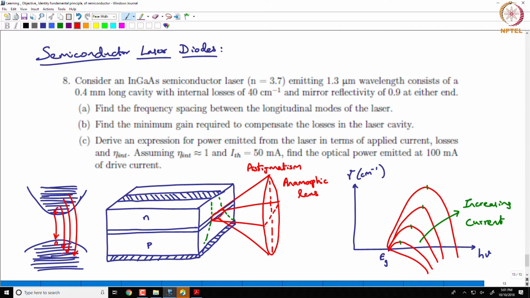You are emitting from a deeper level in the conduction band to a deeper level in the valence band, and as a result the peak gain happens at a higher energy level.